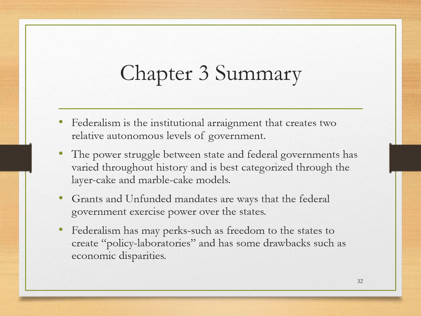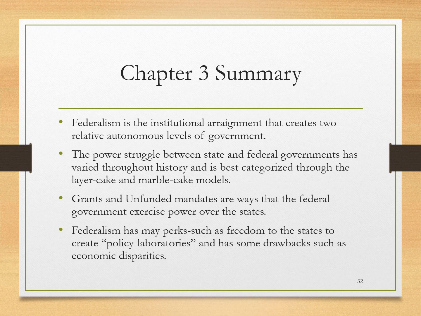All right, this lecture is not as long as the last couple. We are wrapping up the week 3 lecture. Here are a couple of items I hope that you've taken away from this with the reading and such. Federalism is the institutional arrangement that creates two relatively autonomous levels of government.